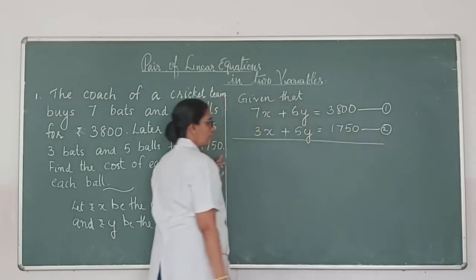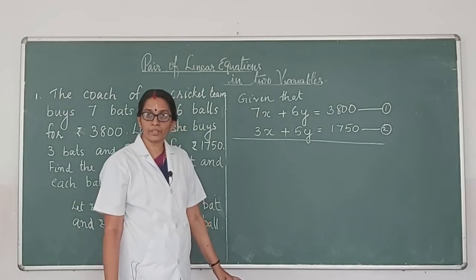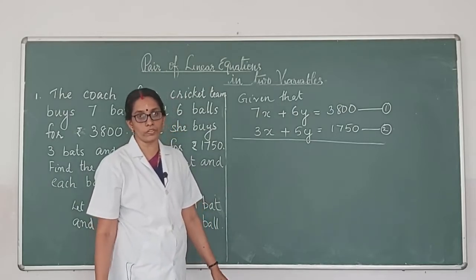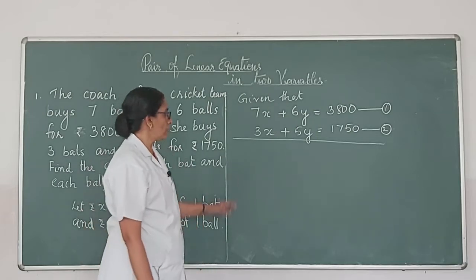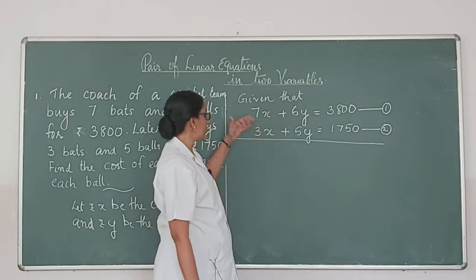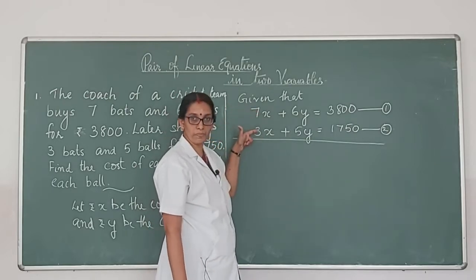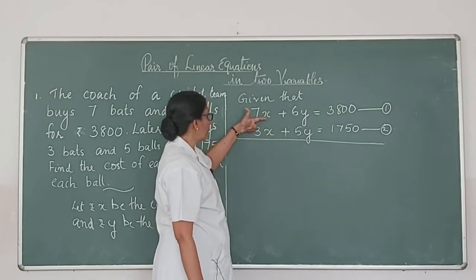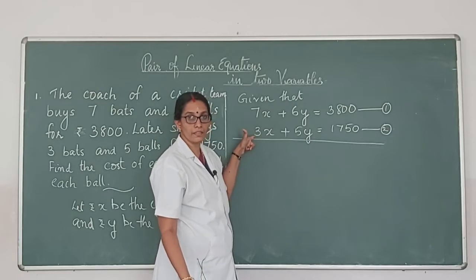Can you recall the elimination method? In the elimination method, what are we doing? We have to equalize the coefficient of any one variable, isn't it? You can choose any variable for equalizing. Here I am going to equalize the coefficient of x. Here the coefficient is 7, here 3. How can we equalize?